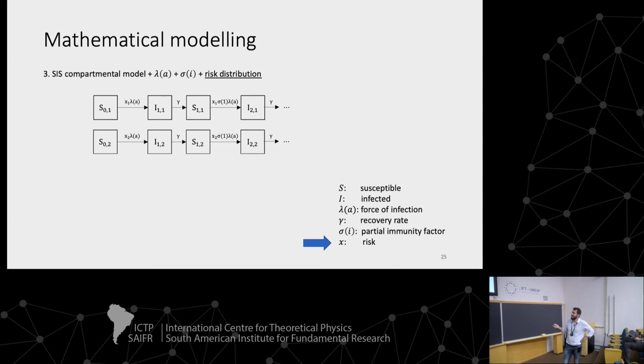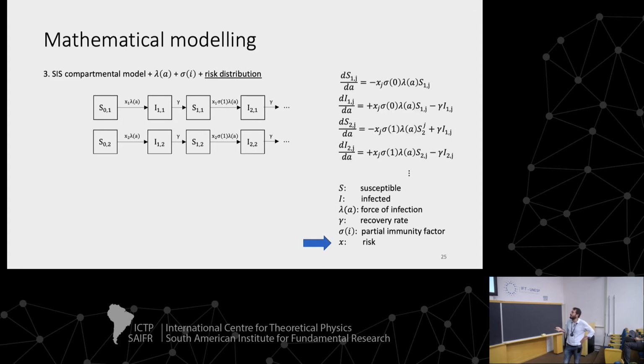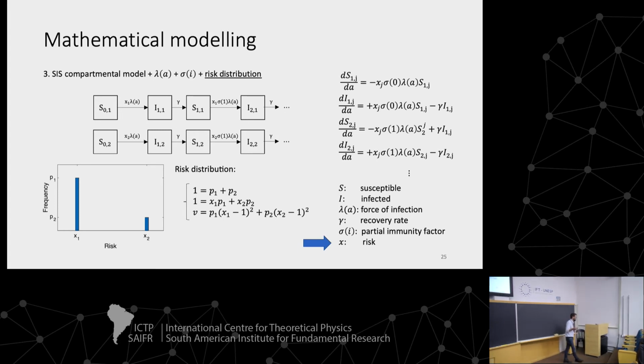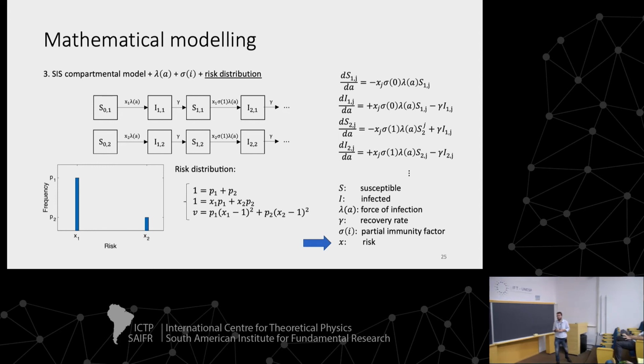So we are assuming that we have a low risk group and a high risk group. And for this, we consider this kind of distribution that summarizes any other type of distribution that we don't know exactly the form.